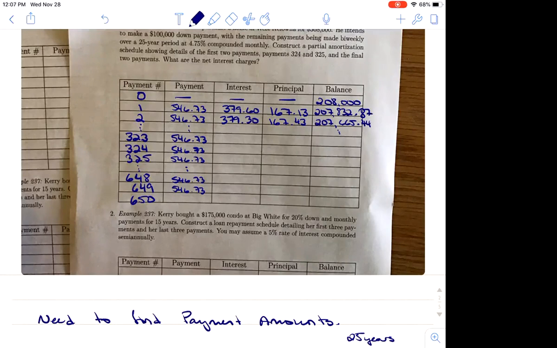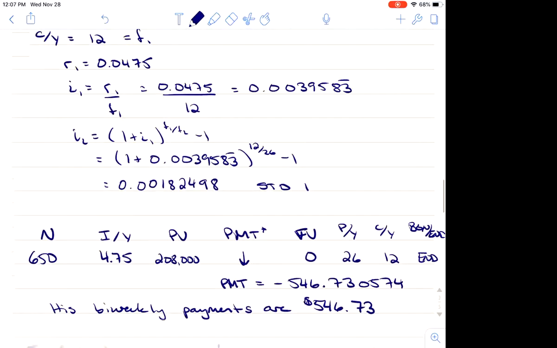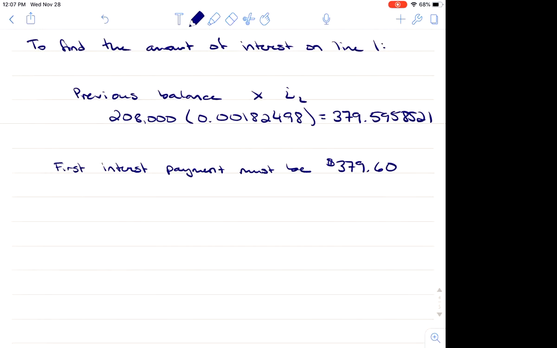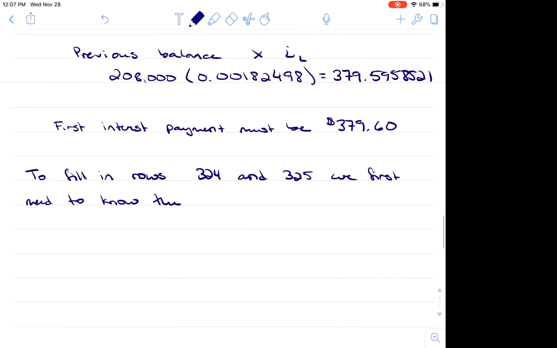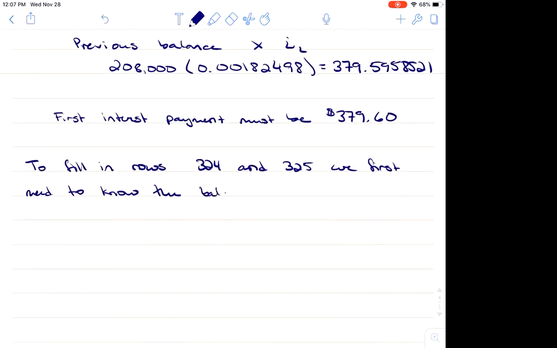So, to fill in rows 324 and 325, we first need to know the balance on row 323.